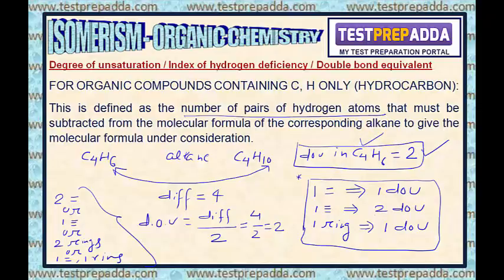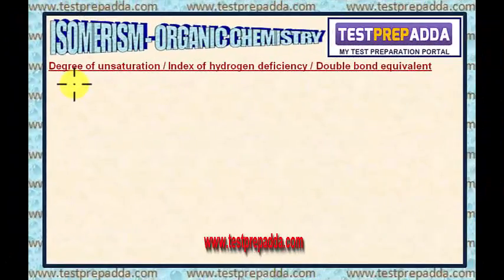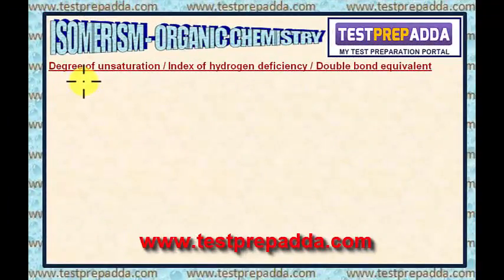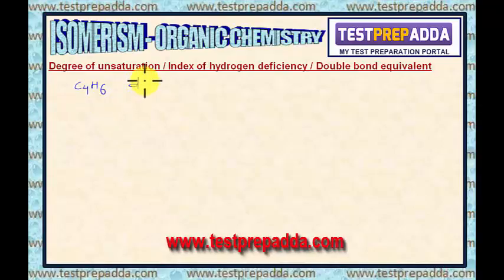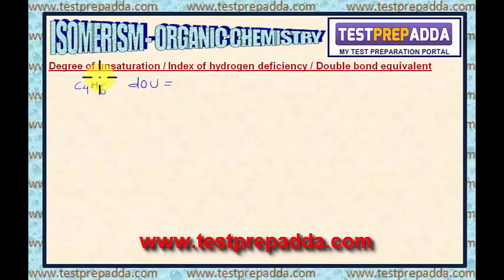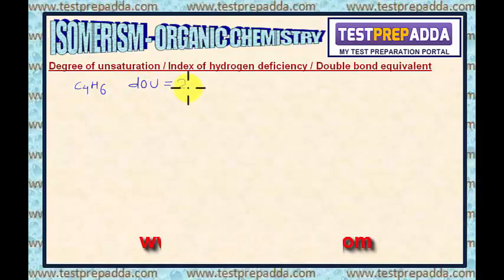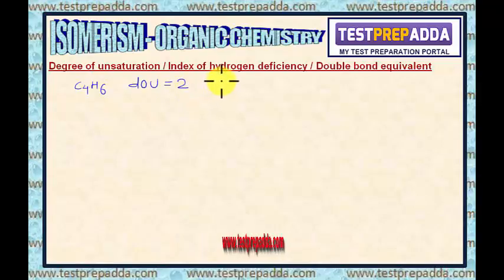Now I will try to write the different structural formulas possible for this molecular composition C4H6. We have said that the degree of unsaturation in this compound is 2. So what are the different possibilities?